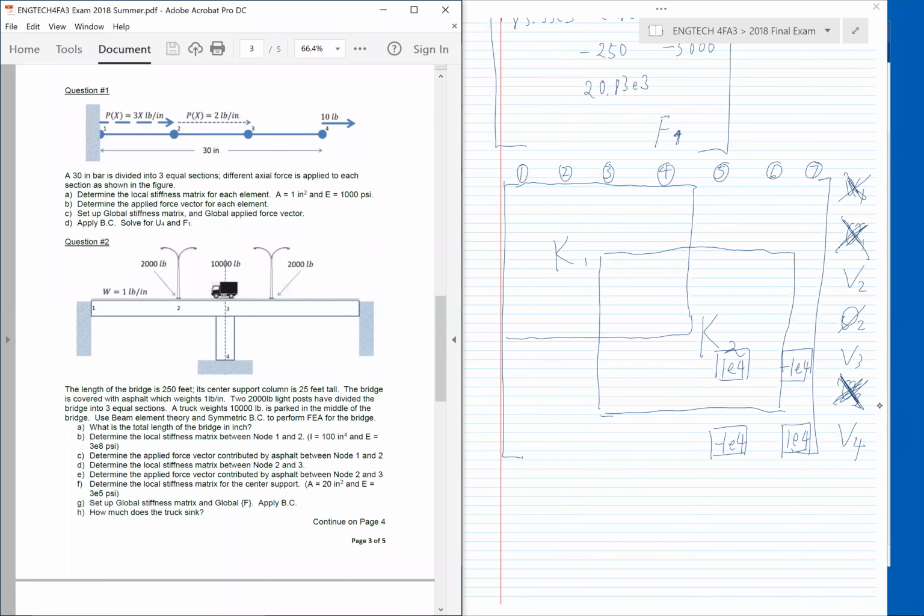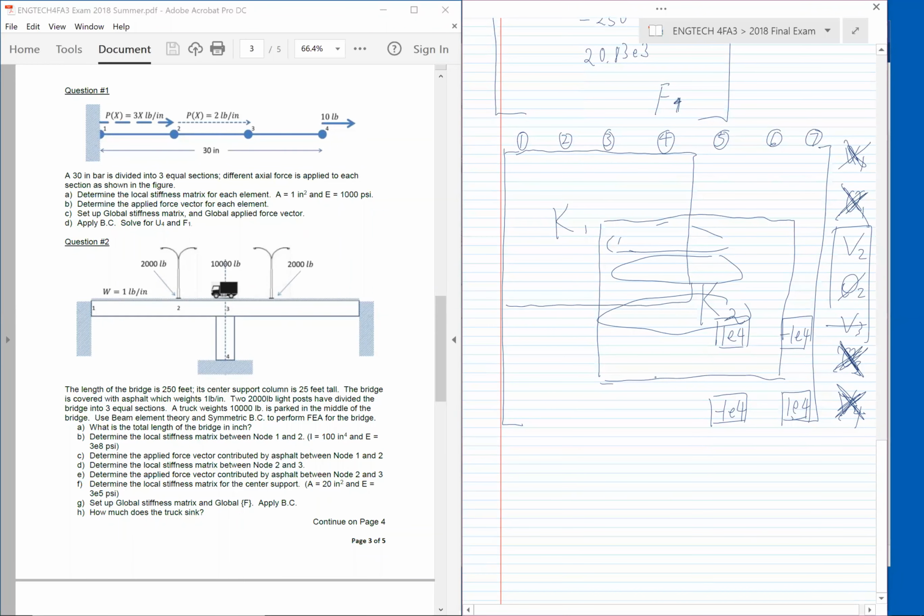And finally, V4 is locked in. So you're down to 3 values, and you just multiply that to the center. So you get 3 equations and 3 unknowns.